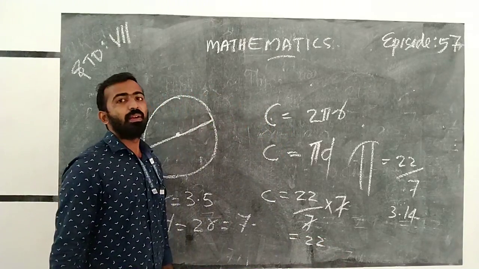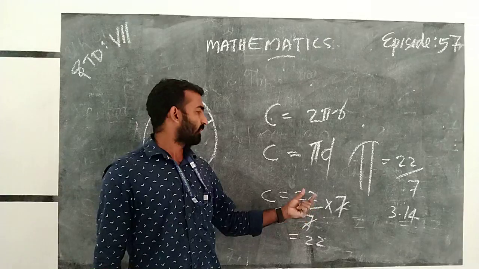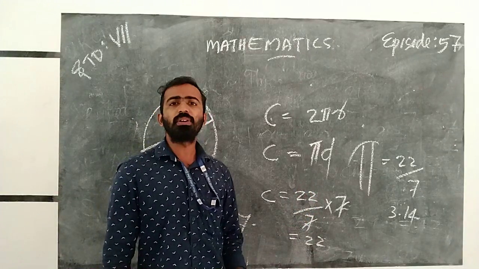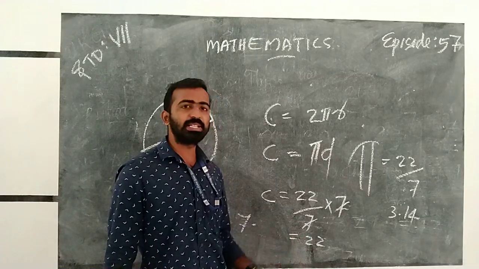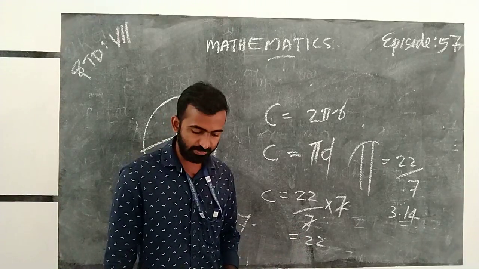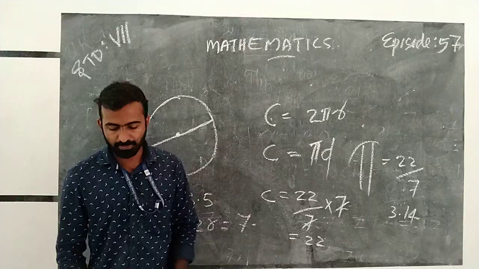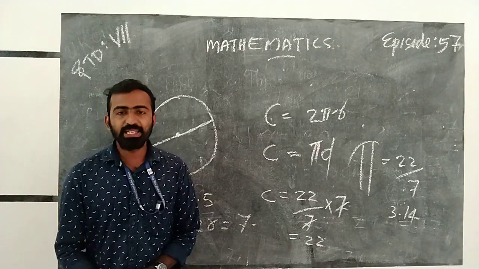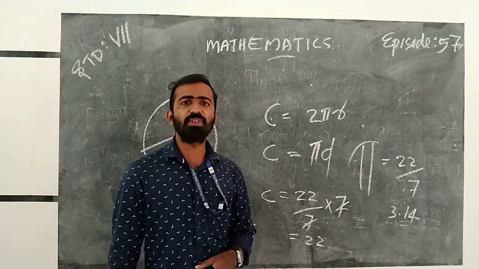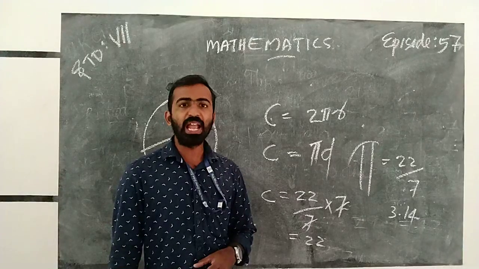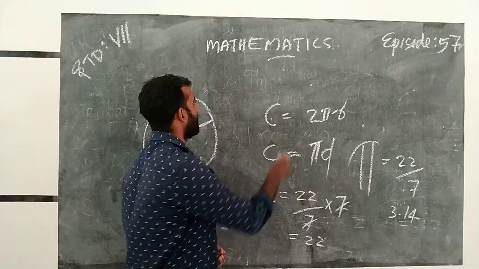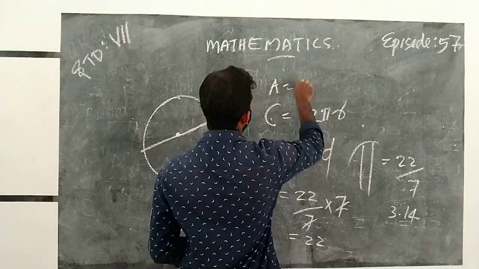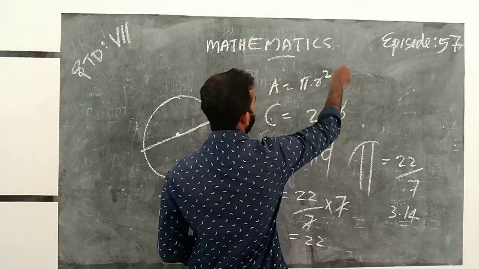When the diameter of a circle is 7 centimeter, its circumference is 22 centimeter. And which way do we find the area of a circle? Area of a circle is pi r square.